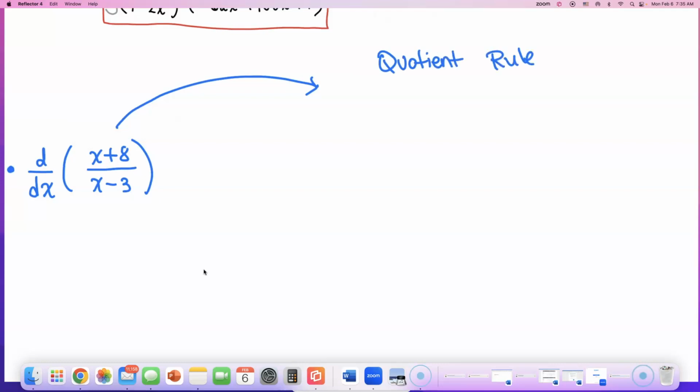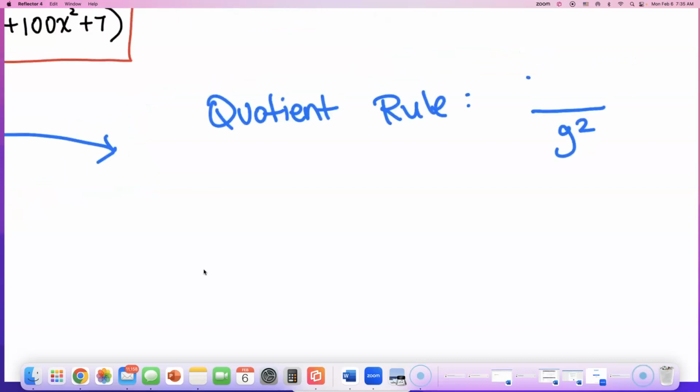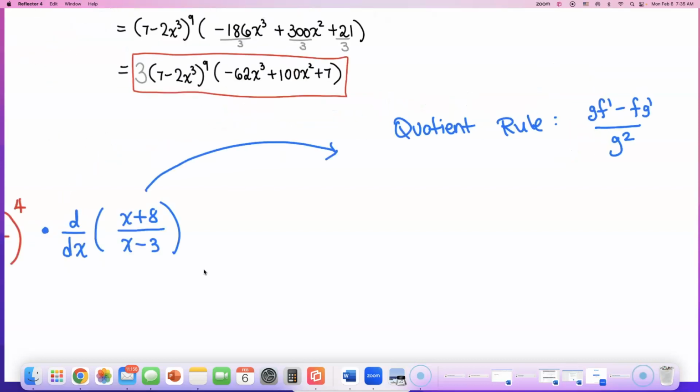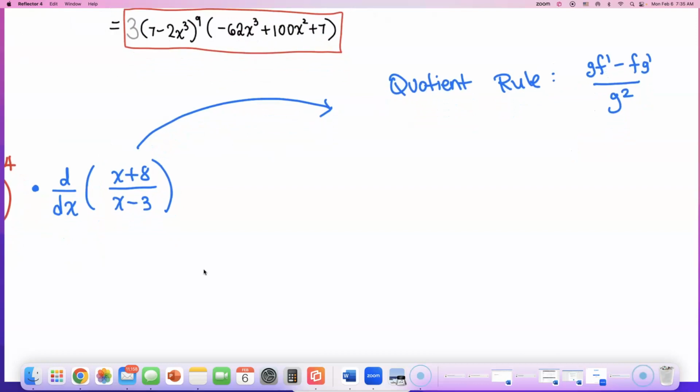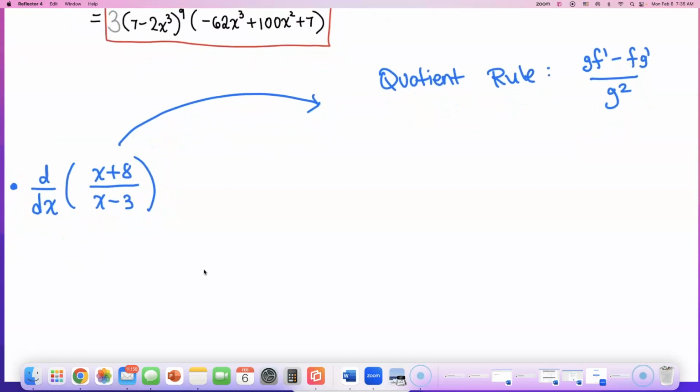if you remember this, says take g squared and put g squared in the bottom, right? But puts g f prime minus f g prime on the numerator. So let me label all my f and g, and f prime and g prime over here, okay? F is the top of the fraction. Top of the fraction is x plus 8, so write that down.